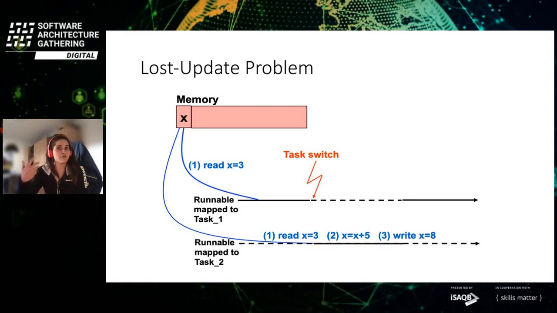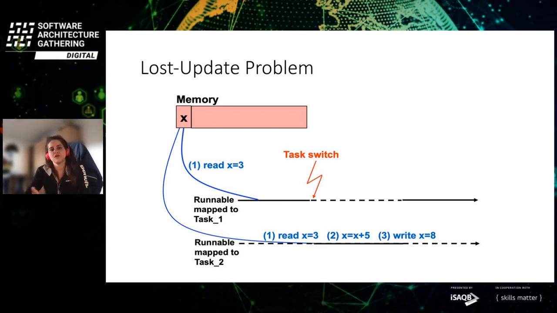And if we have multi-threading now in mind, and the scheduler can interrupt me at any time, then these instructions that are carried out to update the memory cell cannot be seen as an atomic situation. So I can be interrupted during reading a value, and another task could run.